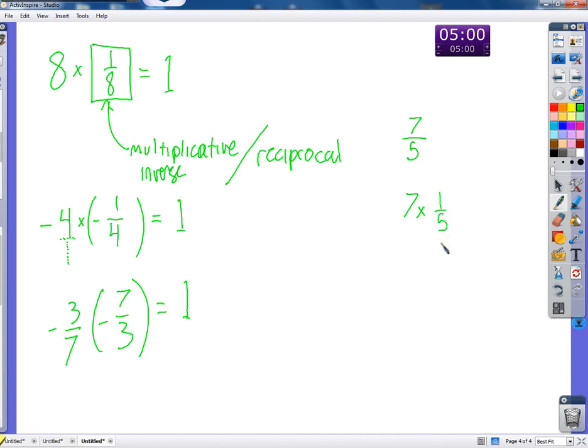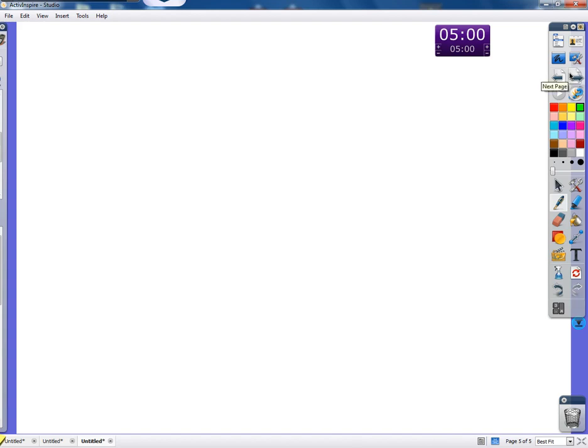You're multiplying by the multiplicative inverse of 5, which is 1/5. Now, that's particularly useful when we divide by numbers that aren't so easy as 5 or 8, when we divide by fractions. If we divide by a fraction, we get to instead multiply by the multiplicative inverse, or the reciprocal.